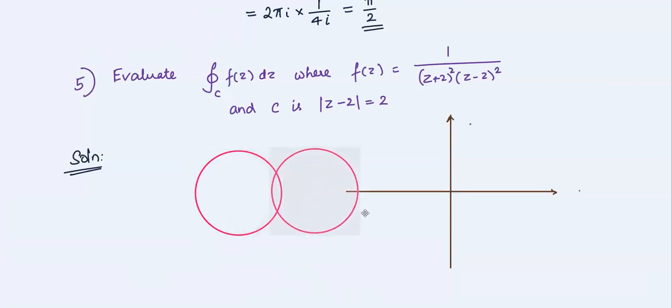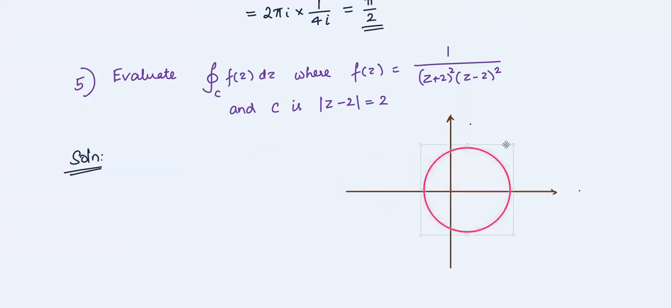Now this one, mod of z minus 2 equal to 2 means the center is at 2 and the radius is 2.